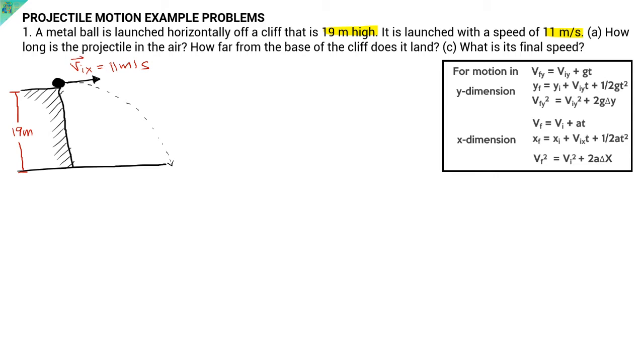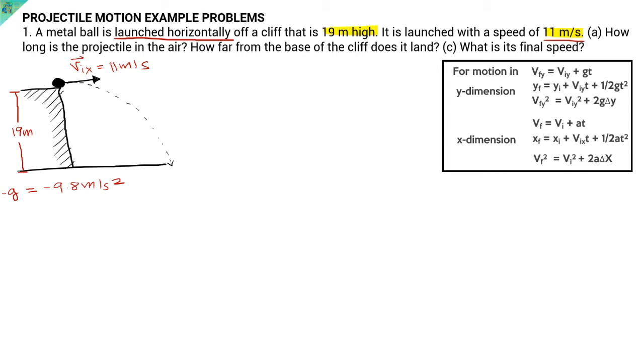One thing to note here, again, remember that it is launched horizontally, meaning all of these 11 meters per second are directed to the x-axis. We also have our gravity, that would be negative g, which is negative 9.8 meters per second squared.